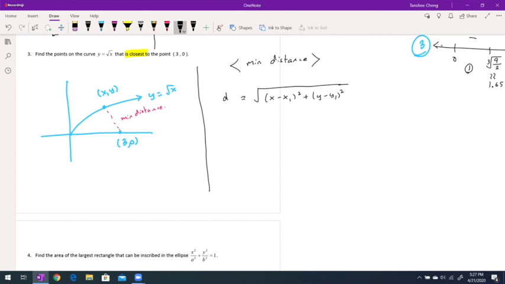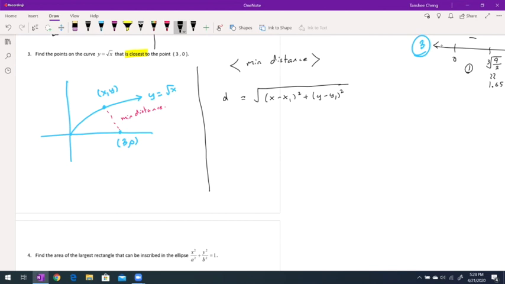We know there are two points, and I can use these two points to plug into this formula. But before I start, if I write D equals square root of blah blah blah, when I take the derivative, I need to use the chain rule with the square root.